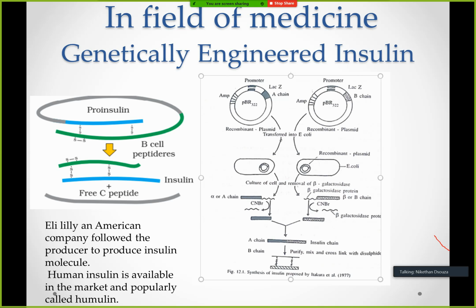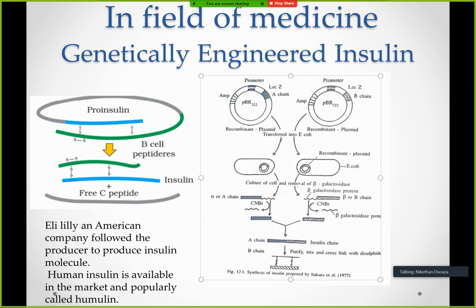in the plasmid, and we introduce it into the bacterial cell, and we obtain the A chain and B chain and purify them. I'm not going into detail because there is not so much detail in your textbook, so I'm just explaining the procedure. The A chain and B chain genes are taken separately, introduced into the plasmid pBR322, and this is introduced into the bacteria.